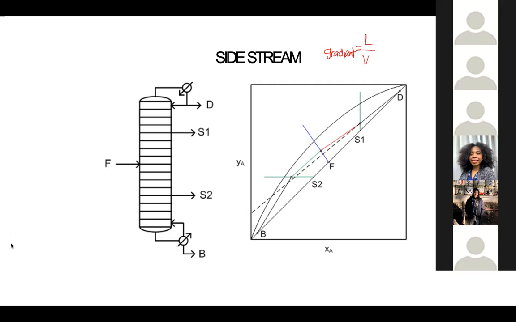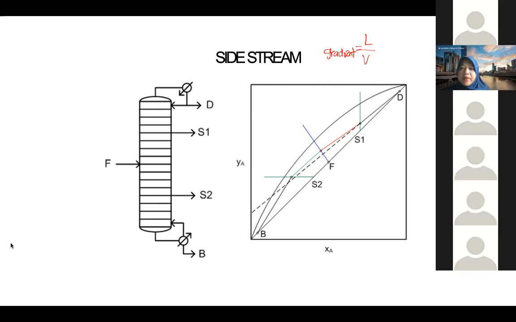So what happened if you withdraw some of them, kalau sebagian diambil ya, then your liquid is gonna be smaller, akan berkurang ya, your liquid's gonna decrease. Let's say for example you have a gradient 1/1, and then you have a side stream.